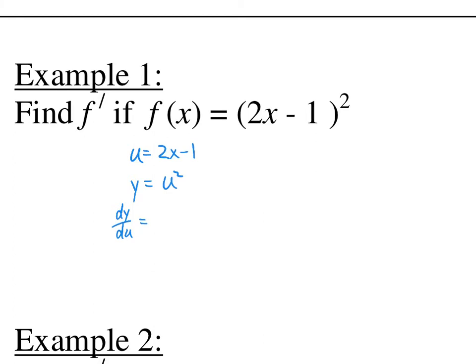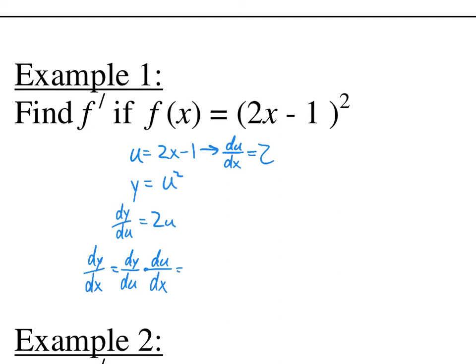What's the derivative of u squared? 2u. And what's du dx? It's 2. So if I'm using the chain rule, then dy dx is going to equal dy du times du dx.